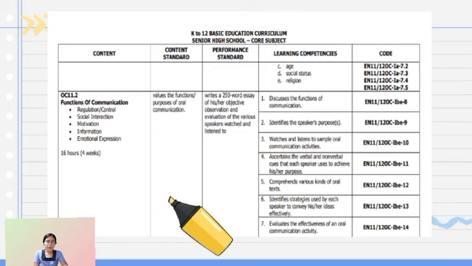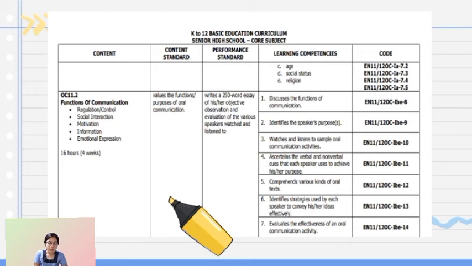So, merong paggawang nagaganap dito sa performance standard. And also, we have here the examples of learning competencies. We have discusses the functions of communication, identifies the speaker's purpose, watches and listens for sample oral communication activities.